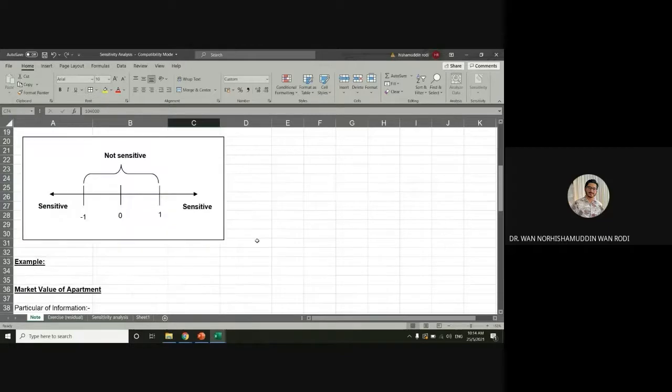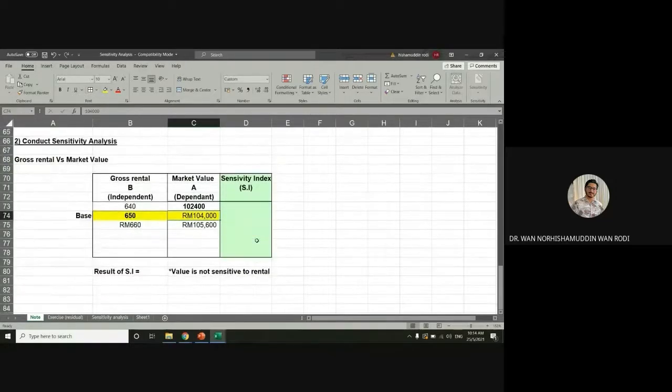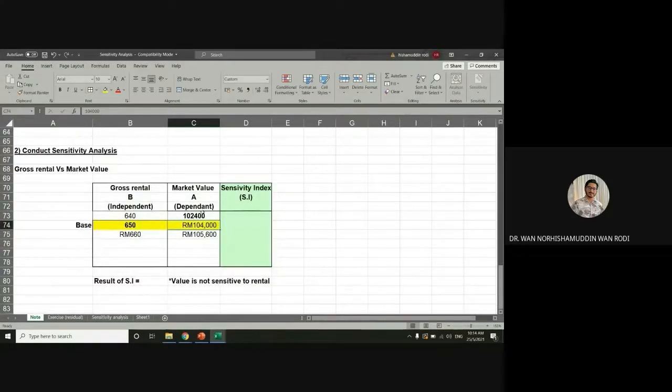Variable A is any amount that you want. You can also choose either the top amount or the bottom amount. In this context, let us choose the top amount, 640 and 102,400.